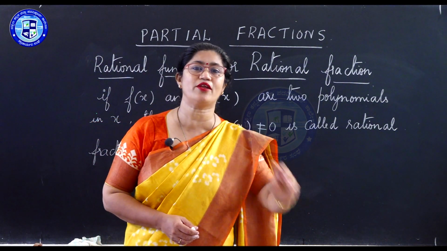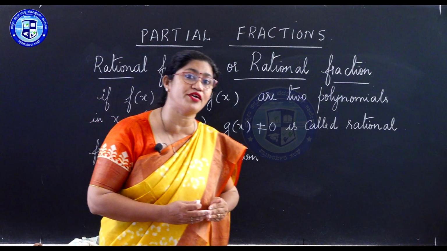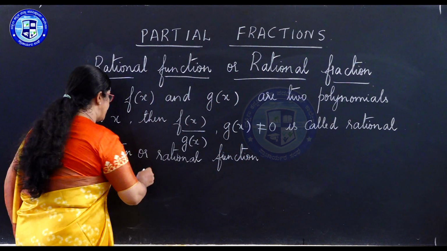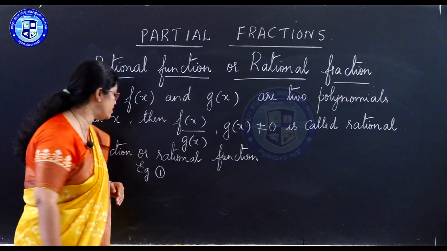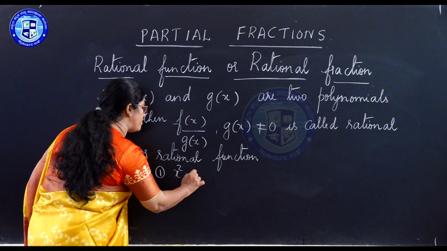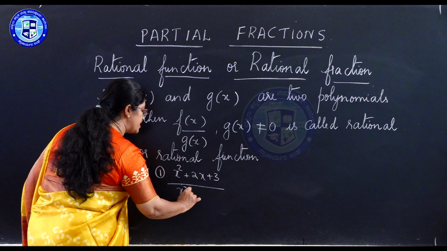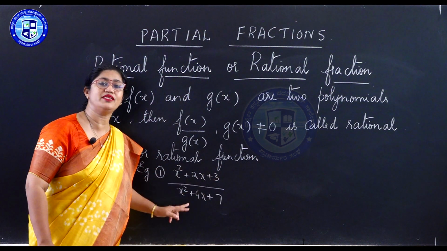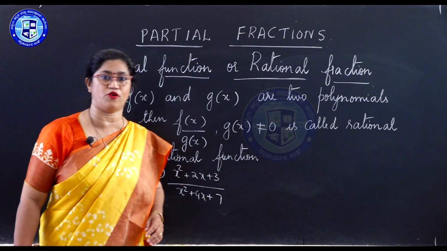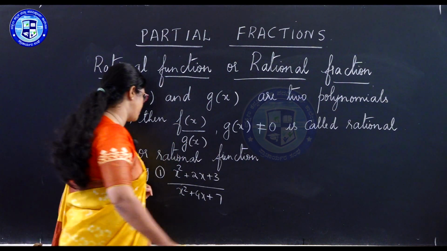Again, let us just see one or two examples of rational fractions. Example 1: x squared plus 2x plus 3 divided by x squared plus 4x plus 7. You have one polynomial divided by another polynomial and hence it is called a rational fraction.